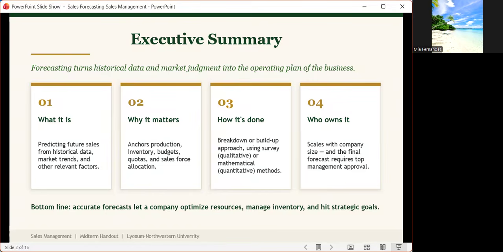Forecasting turns historical data and market judgment into the operating plan of the business. So, what is it? Forecasting predicts future sales from historical data, market trends, and other relevant factors.